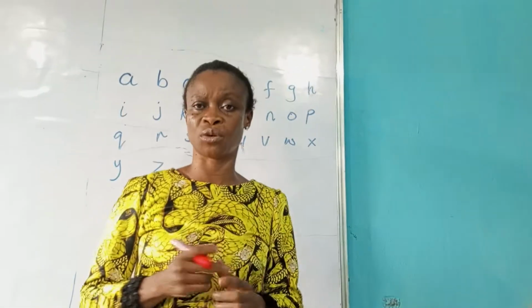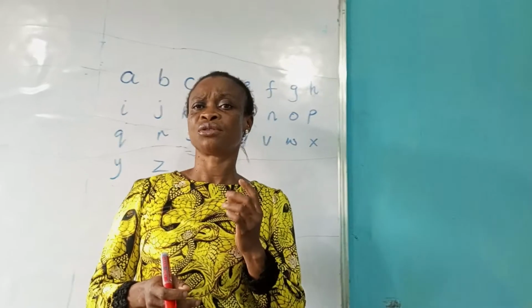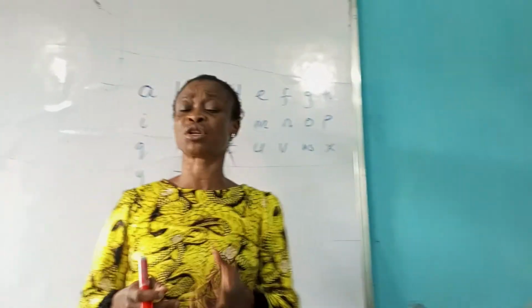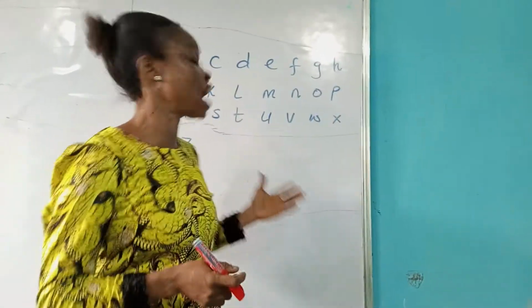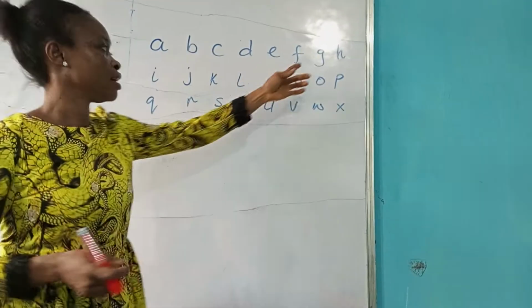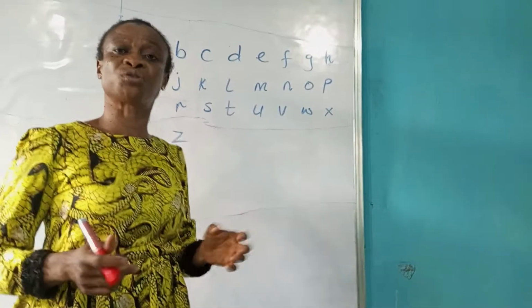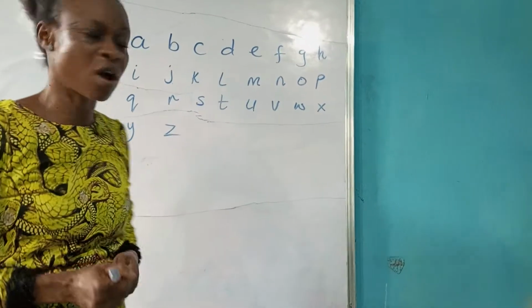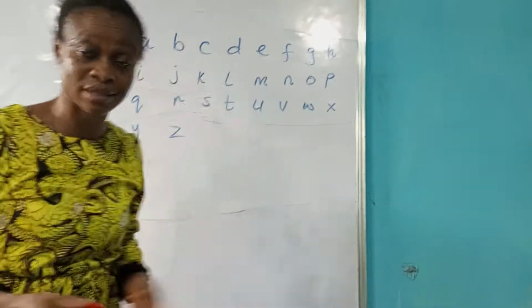Alright, don't forget, we have the 26 alphabets of English language. In our last video, we made examples of sounds and combination of sounds from letter A down to letter G. But today, I'm going to teach you how to combine sounds, not starting with vowels like we did last time.